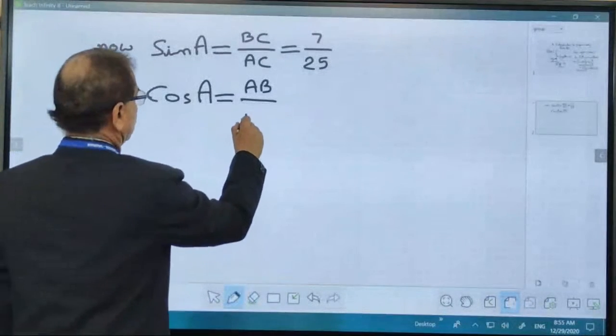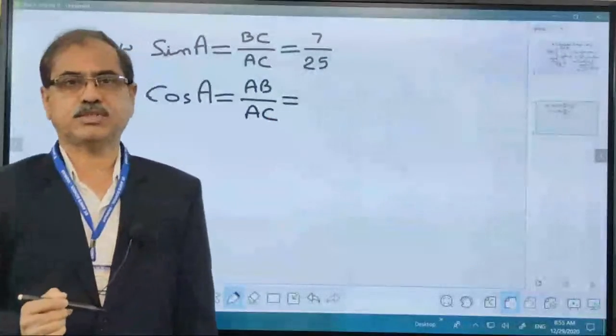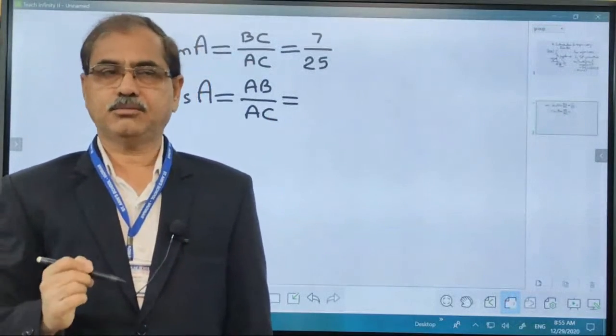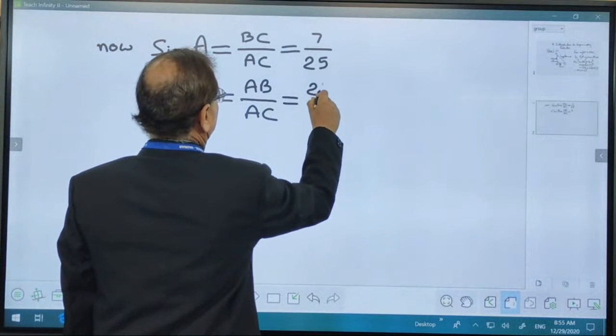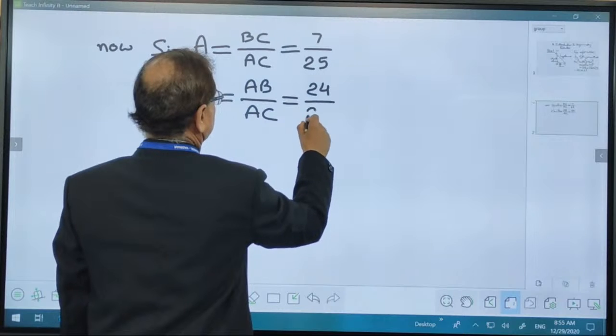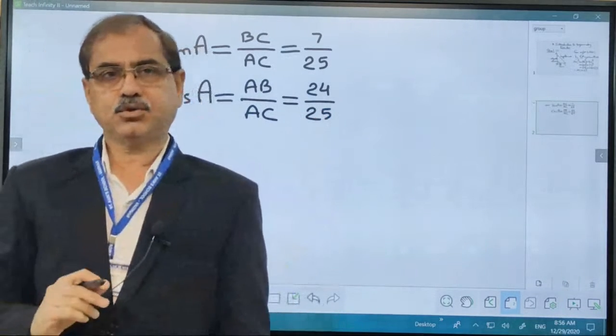So AB upon AC. Now we already know the length of these two sides. How much is AB and how much is AC? We substitute. AB is 24 and AC is 25. So our first part is over.